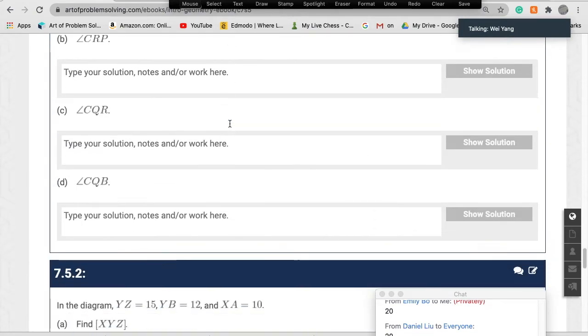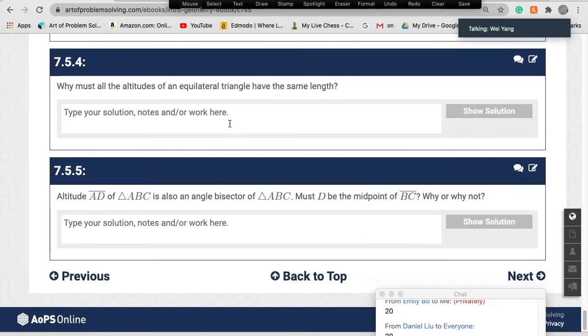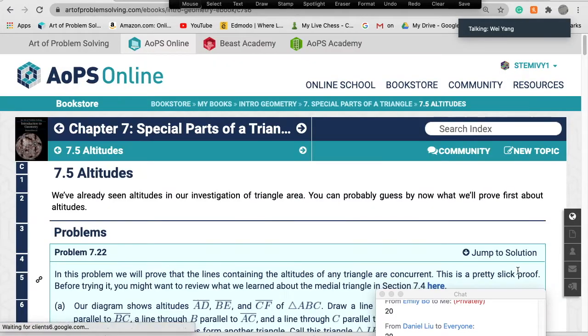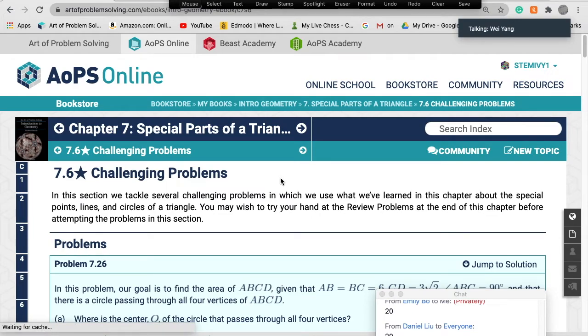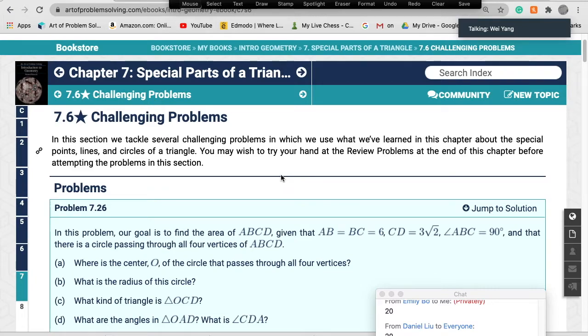Then you have this access problem 7.5.1 to 7.5.5. Now let's go to the next section, called challenge problems. Actually, a lot of proof problems related to the three center points of a triangle, that's the centroid, incenter and orthocenter.